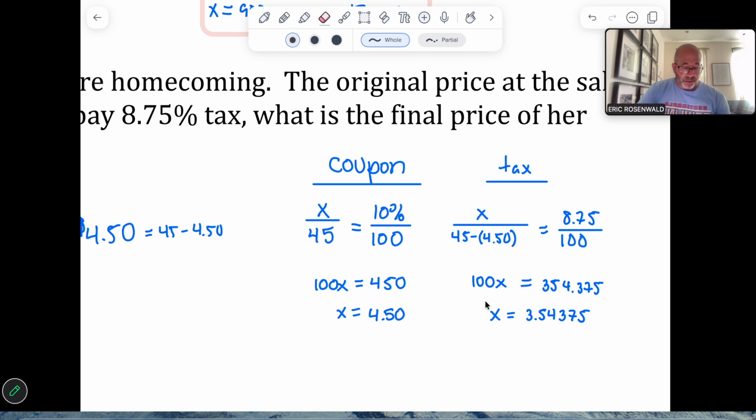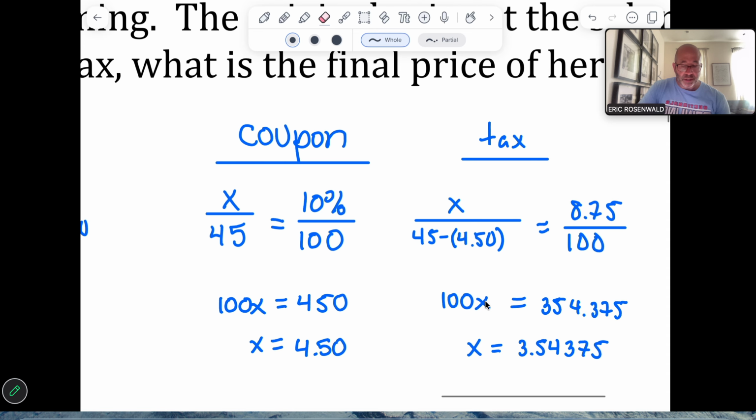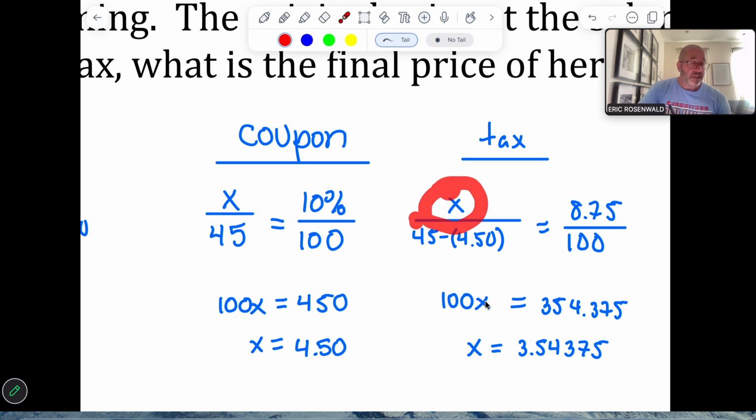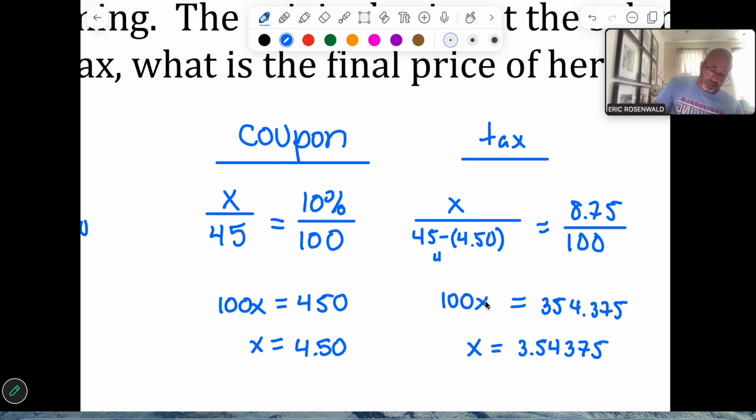So when we set this up and look at it, it's the same problem we just did. Okay, we have the part, which is how much is going to be taken off, and then this is how much she's actually going to owe after we took the coupon off. So it's $40.50 is how much she was going to pay, right?